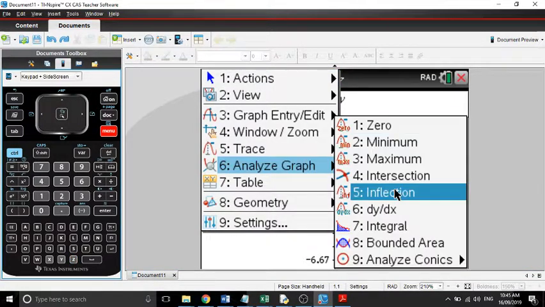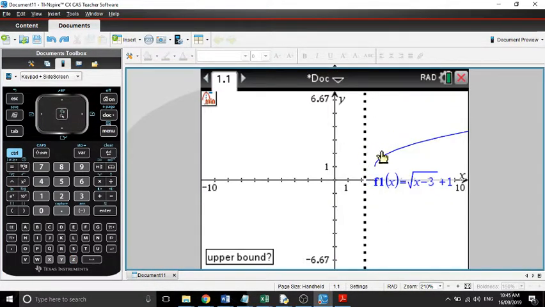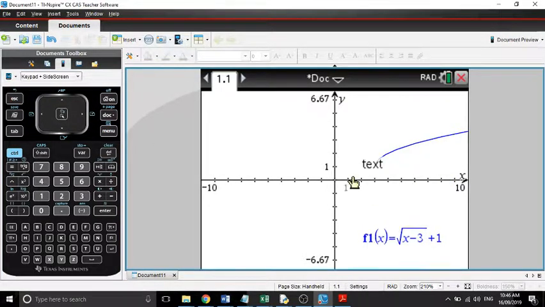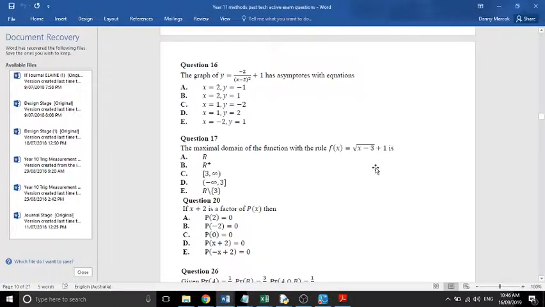Analyze graph, minimum. Well, that's weird. Anyhow, looking at this graph, I can see that we've got an endpoint here of 3. That's what we've got there. So our domain goes from 3 to infinity.